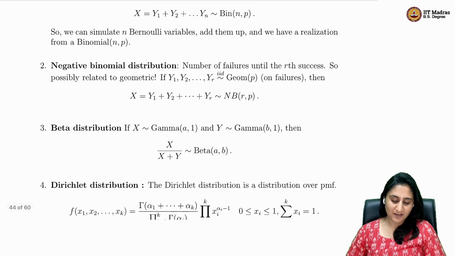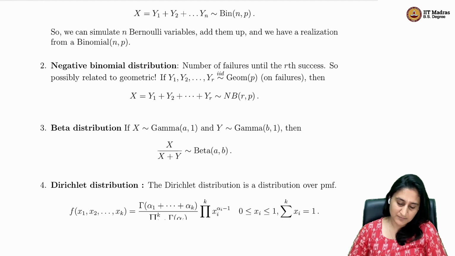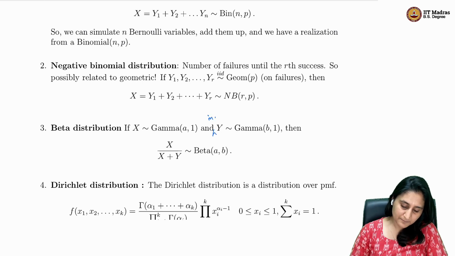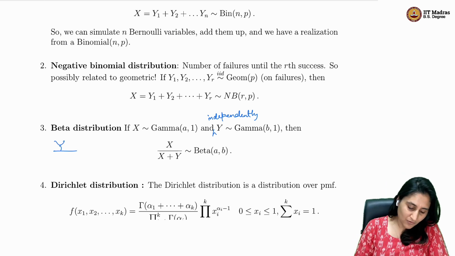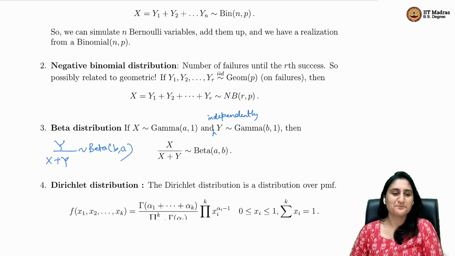If X follows gamma(a, 1) and, independently, Y follows gamma(b, 1), so X and Y shouldn't have any dependence, then the ratio X/(X+Y) is a draw from beta(a, b). Similarly, Y/(X+Y) is a draw from beta(b, a).